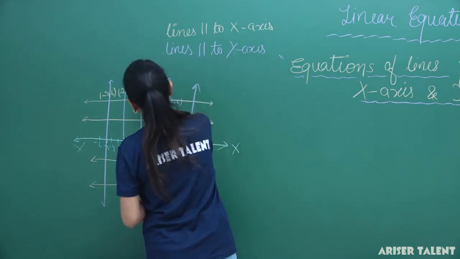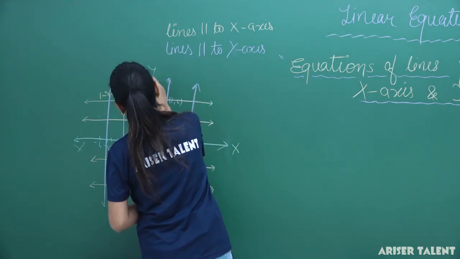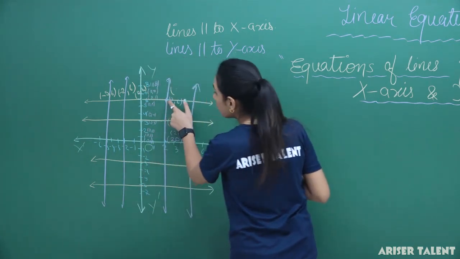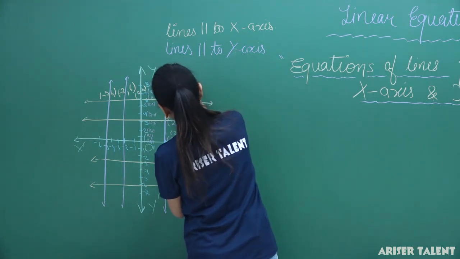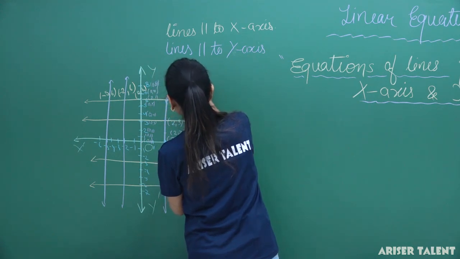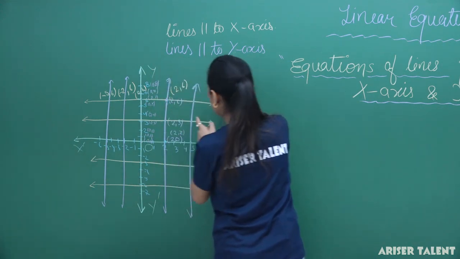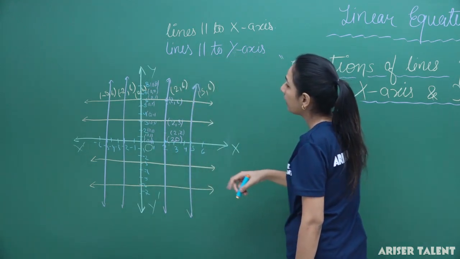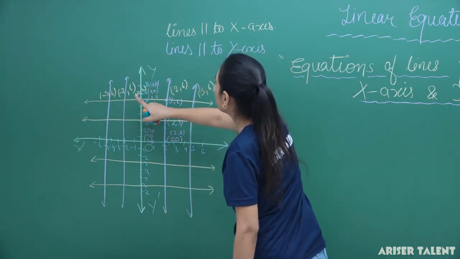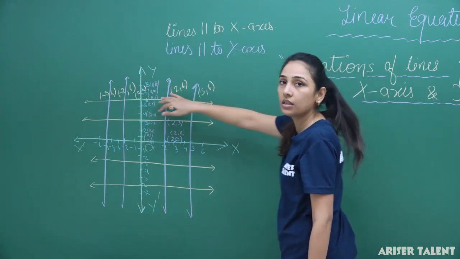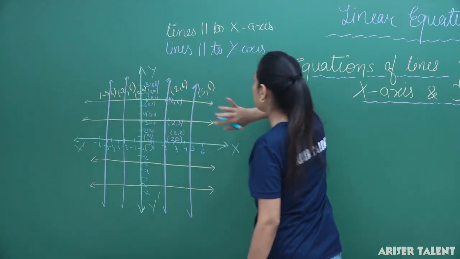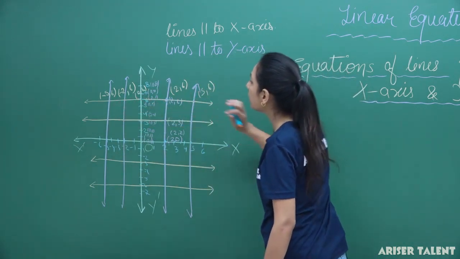Here that will be 0, 6. This point will be 2, 6. This point will be 5, 6. Okay. So that means minus 5, minus 2, 0, 2, 5, this is continuously changing, but the 6, 6, 6, 6, 6 is constant, that means ordinate is constant.